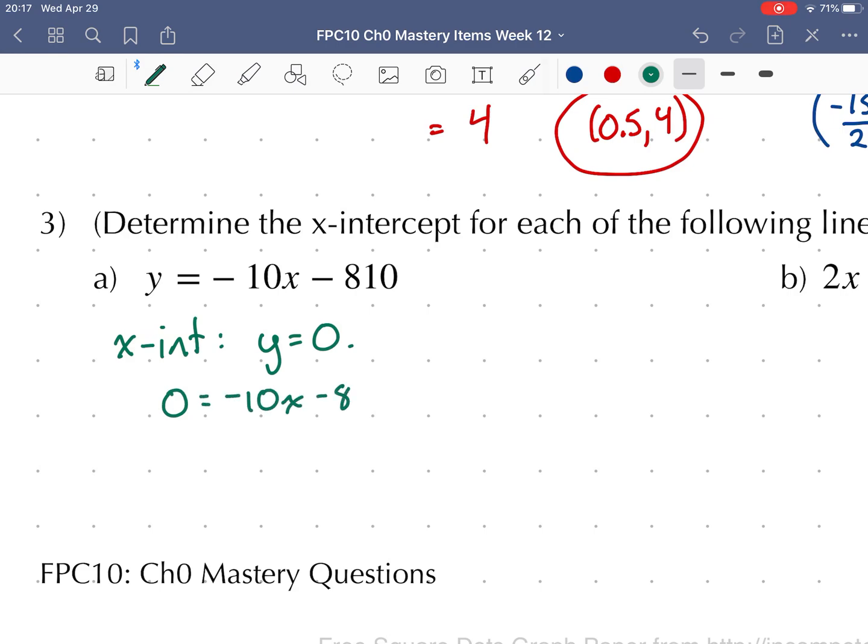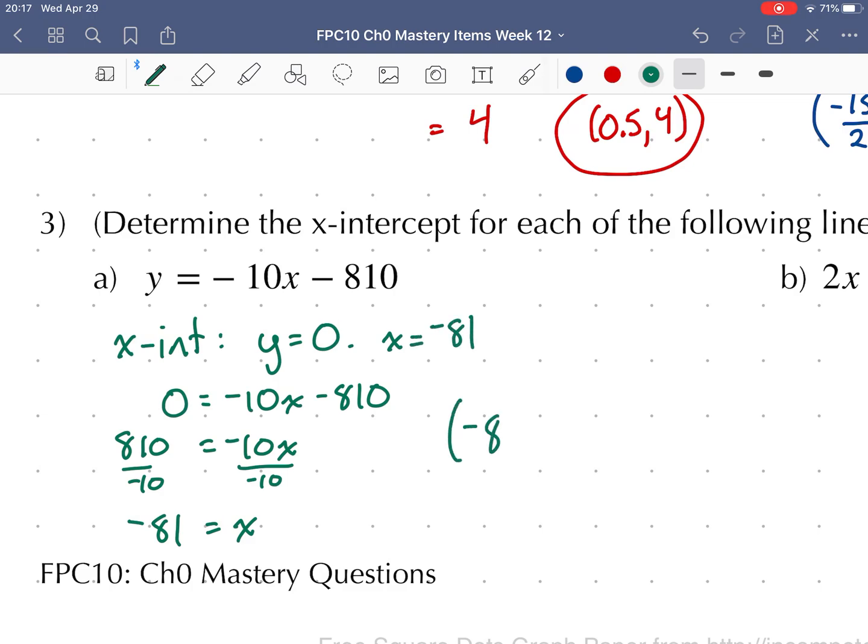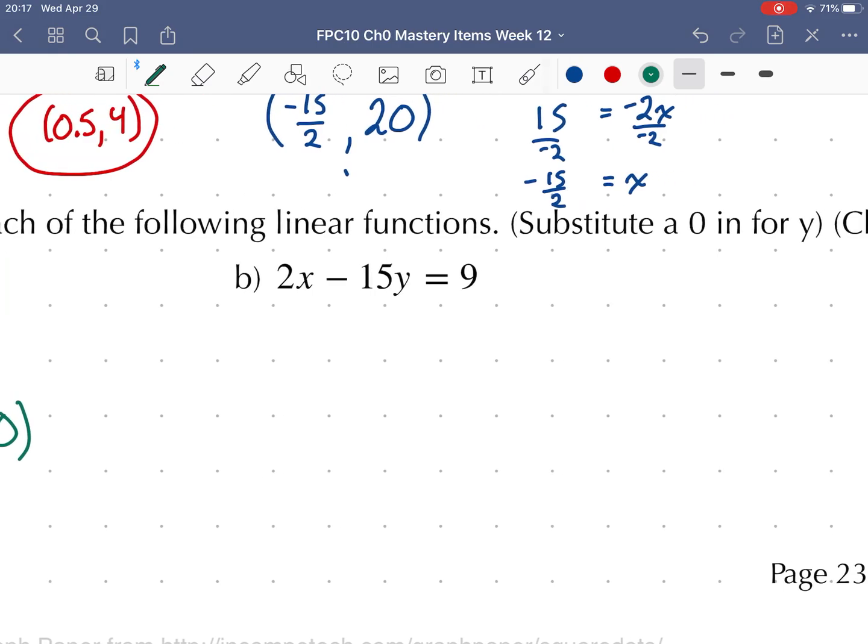So in this function, we get 0 is equal to negative 10x minus 810. 810 is equal to negative 10x. I add 810 to both sides. Divide both sides by negative 10. And I get x is equal to negative 81. So our x-intercept, sorry, is when y is equal to 0, and x is equal to negative 81. That is the point negative 81, comma 0.